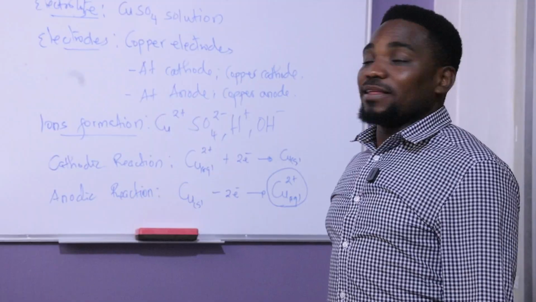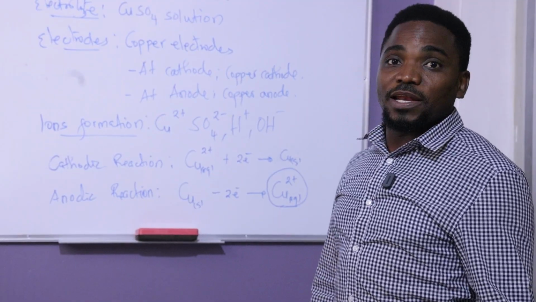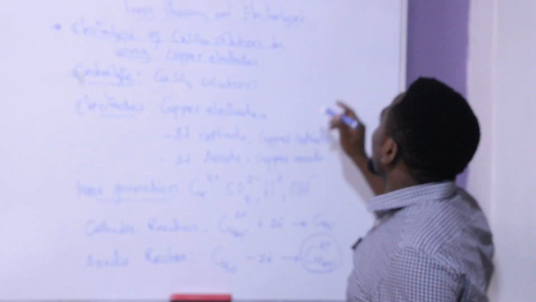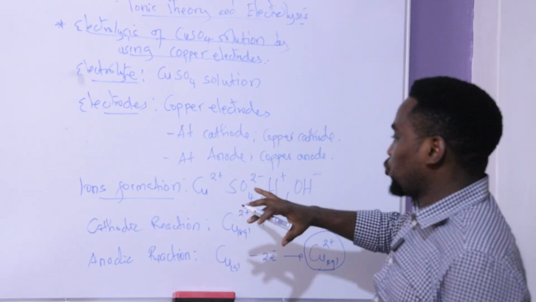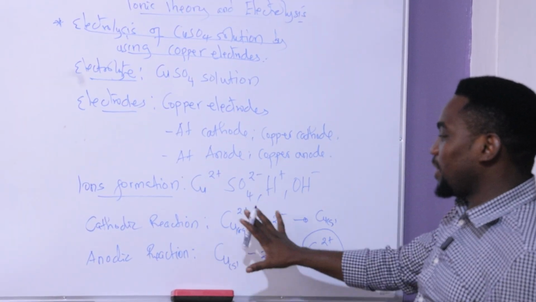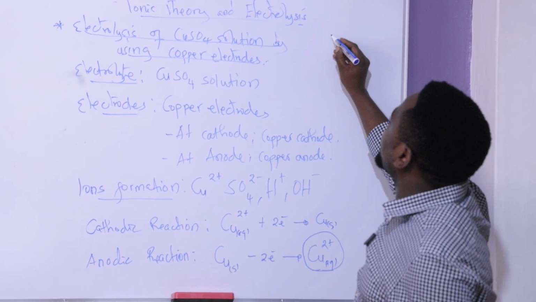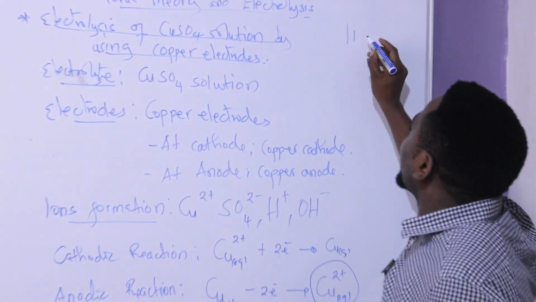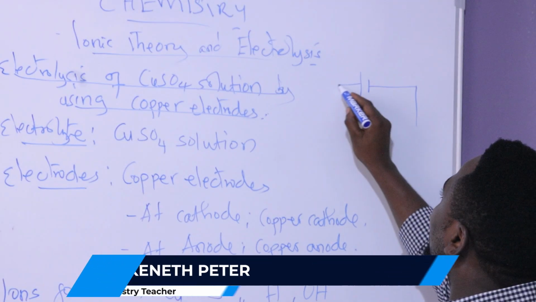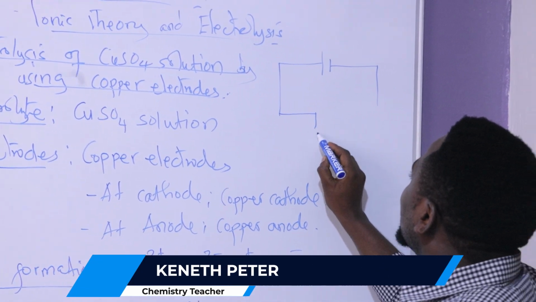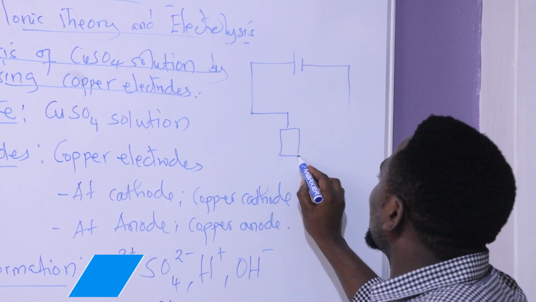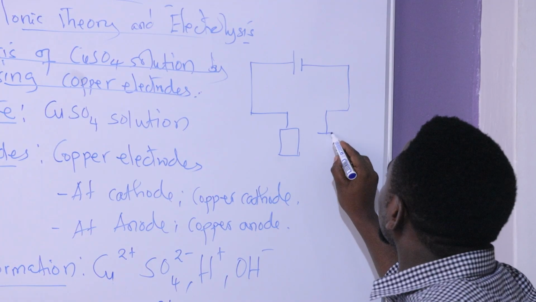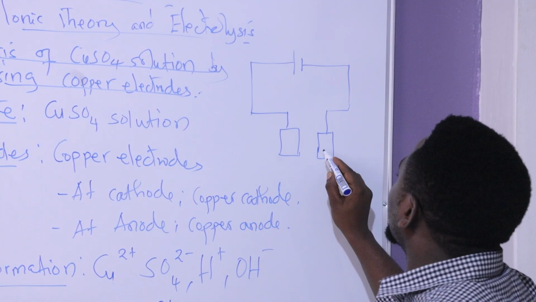To help you, let's draw a simple diagram to show a summary of what is going on in these equations. You will have this terminal, which means the positive charge, and this the negative charge. So it goes this way and it goes this way. Here this is the anode and here it is the cathode.